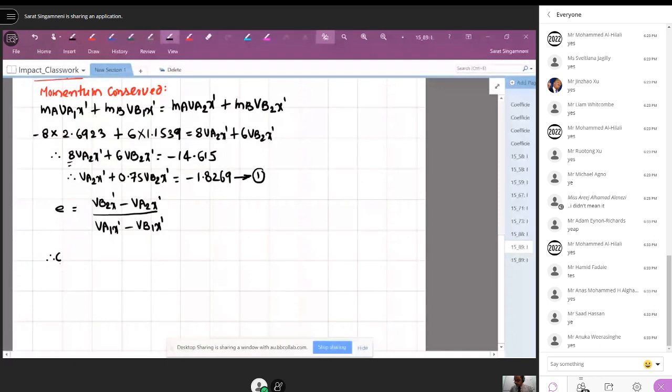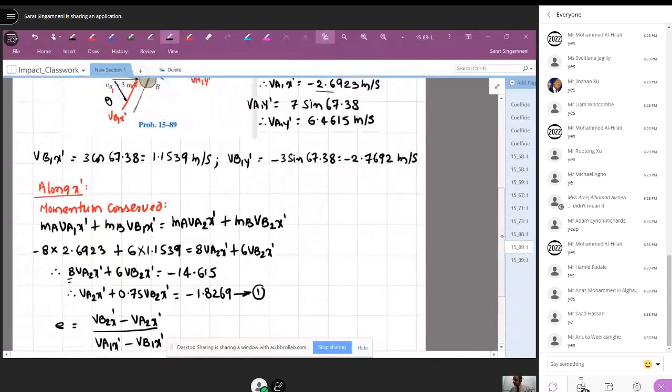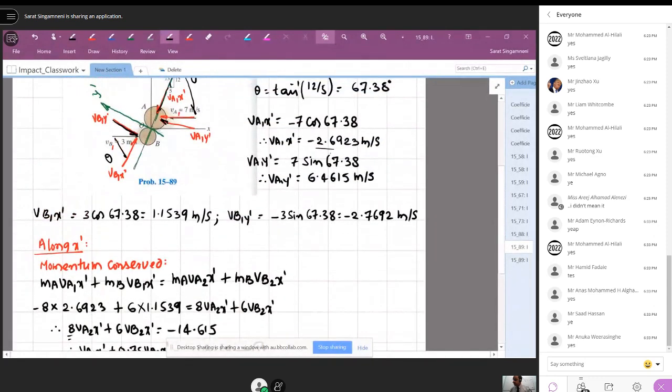Substitute known quantities: e is equal to, we don't know VB2 x dash, we don't know VA2 x dash, divided by VA1 x dash, which is negative 2.6923.